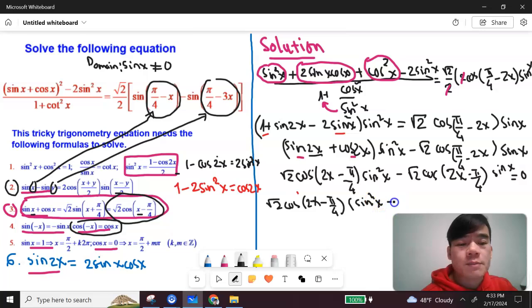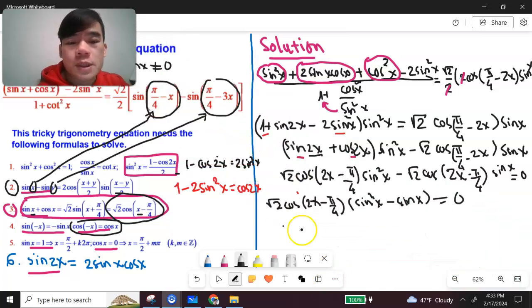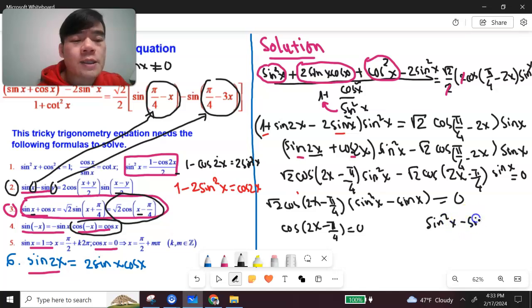Sine square of s minus sine s equals 0. Alright, so this is a zero product, so I just let each of them equal 0. So I have cosine of 2s minus pi over 4 equals 0, and then sine square of s minus sine s equals 0.